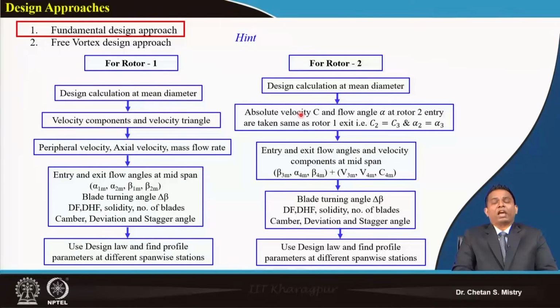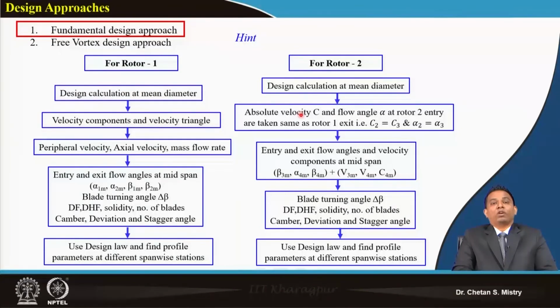Once we do our calculation at the mid station, this will help us calculate the parameters called flow angles. Then we will be calculating parameters like diffusion factor, degree of reaction, de Haller's factor. For verification purposes, we will be calculating the camber angle, stagger angle, and deviation angle.